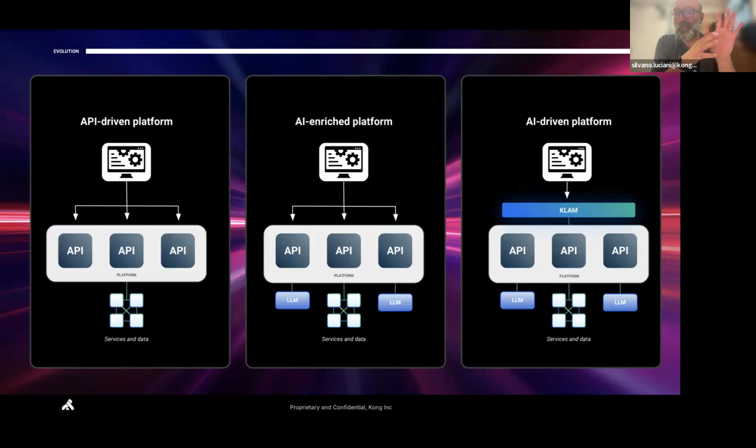On the left, you have what we were doing until a year ago, which is API-driven platforms, where we've been able to provide better and better experiences to users by simplifying the way that we were building code and using APIs, using different APIs specialized in providing different services and then combining them in applications in the way that we thought were more relevant and more interesting for the user.